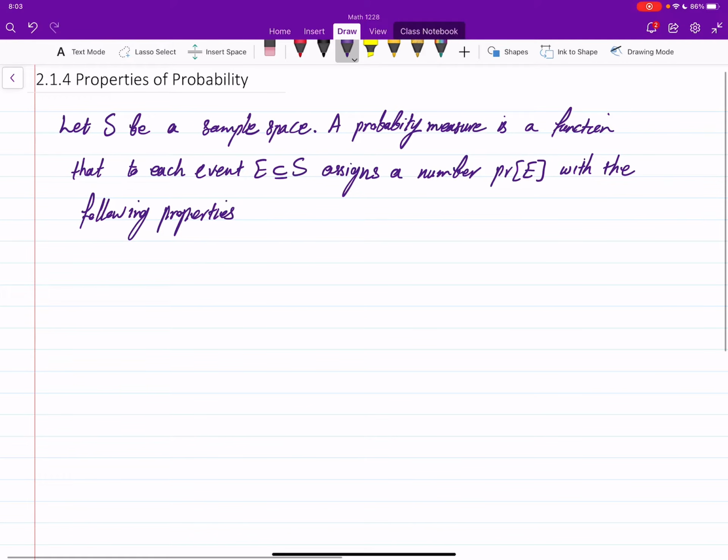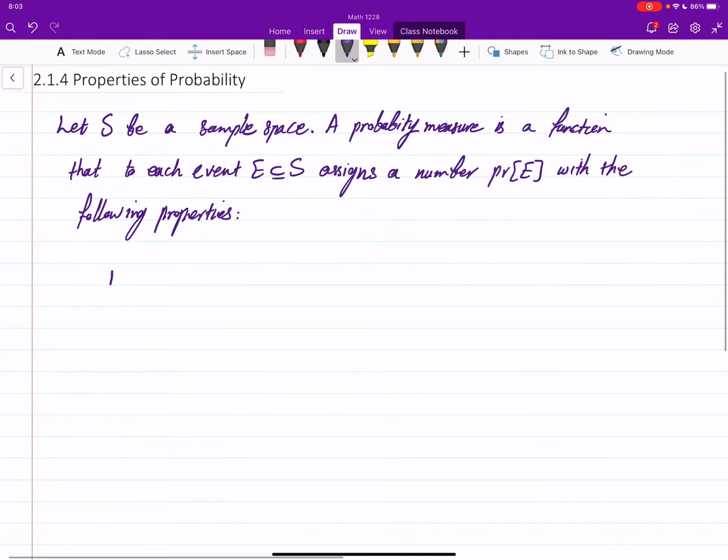So what it does is that to every event, every subset, it gives a number that we call probability of E. But these numbers must satisfy the following properties.